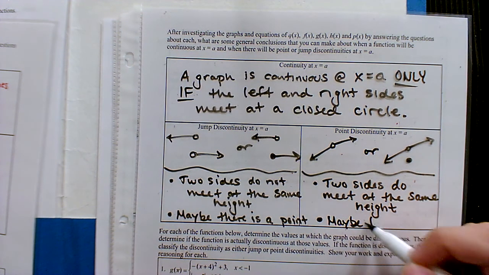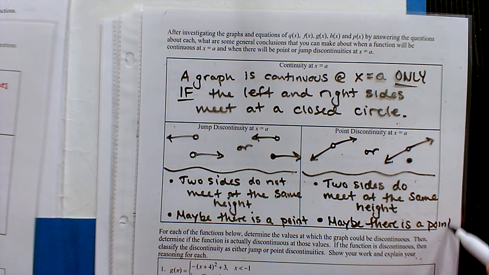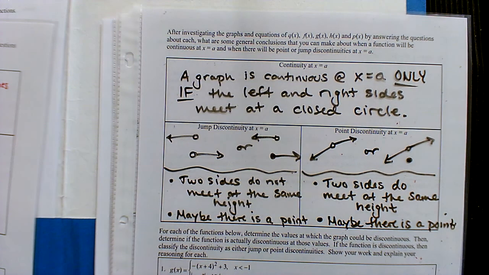So we'll say maybe there is a point, maybe there's not. So the real kicker is, what are the two sides doing? Okay, are they meeting at different heights, aka a jump? Or are they meeting up at an open circle somewhere? Okay, that would give us that hole. Is it starting to click a little bit?